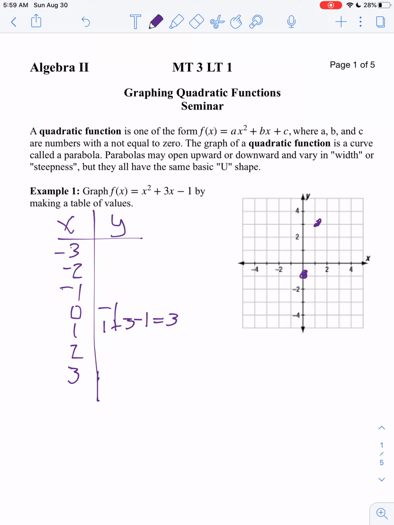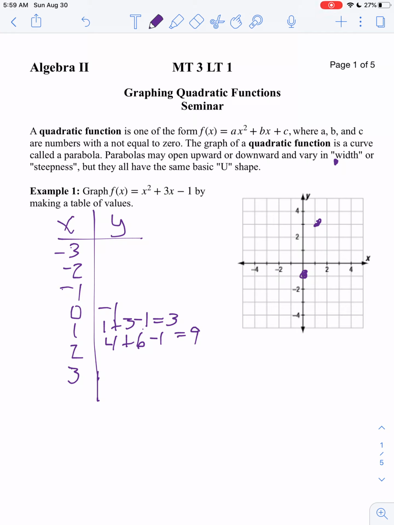But let's do 2. So 2 squared is 4. 3 times 2 is 6, minus 1. 4 plus 6 is 10, minus 1 is 9. Notice I'm off the graph here, aren't I? 2 and 9, way up here. I'm not even going to try 3 because I know I'm just getting bigger and bigger.